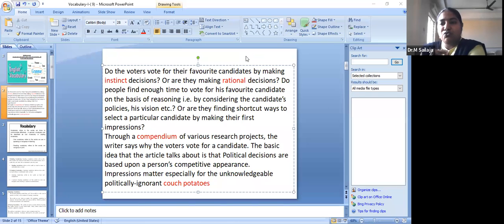See, if you see some of those words, voters, favorite candidates, decisions, generally these kinds of normal vocabulary words, we are using them daily. That's why we are able to guess their meaning very easily.